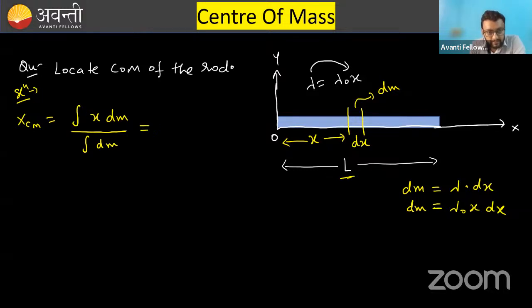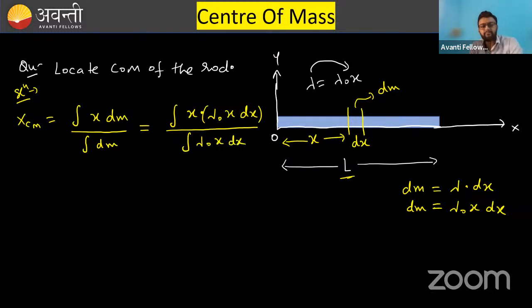It can be written as integration of x, which is the distance, into dm, which is lambda naught x dx, divided by integration of dm. dm's value is lambda naught x dx. Lambda naught is the constant, it can be taken out from the integration.